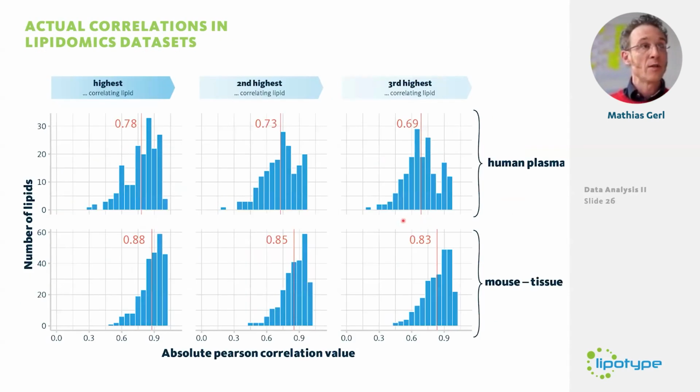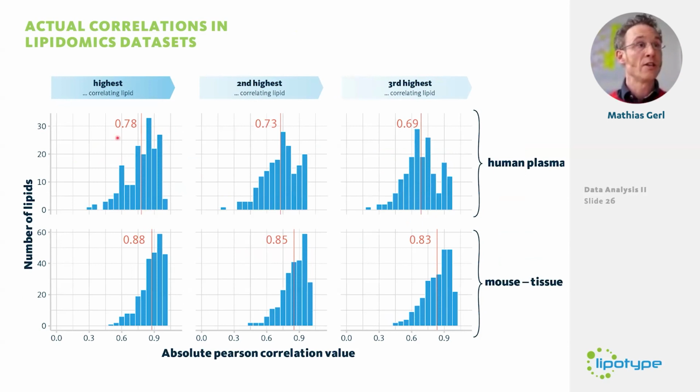Here we actually put the highest, the second highest, and the third highest lipid. What that means is, here is a histogram, for every lipid, of the correlation value with the highest correlating lipid. You find that with the median of 0.78, half of the lipids are higher than 0.78, and the other half is lower.